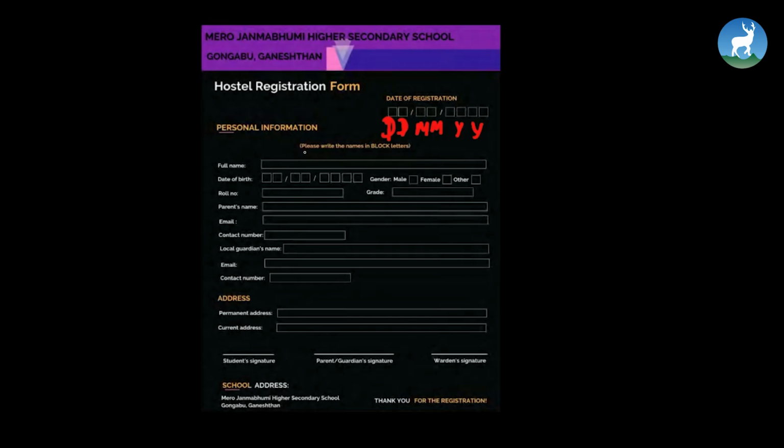Please write the names in block letters. Always remember, whenever you are filling up forms, they should be filled up in block letters. Block letter means all of the letters in your name should be capital. So if your name is Ram Prasad, you are going to use all the capital letters, but be sure to give a space. See, like this, and fill up your surname over here.